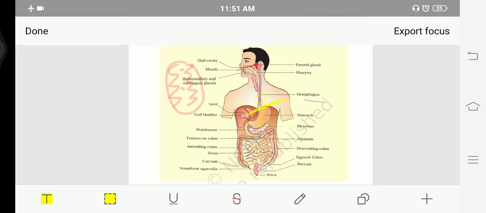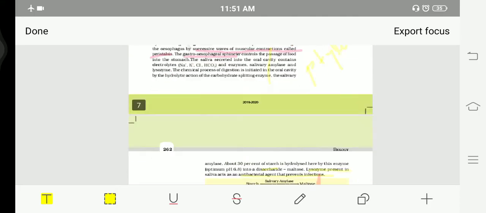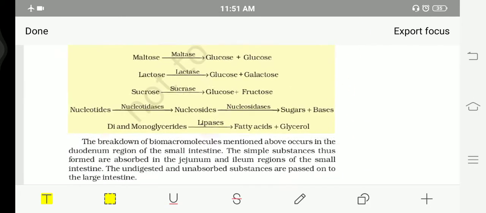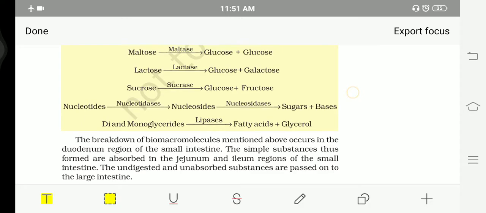Lactase breaks down lactose into one molecule of glucose and another molecule of galactose. Then sucrase or invertase breaks down sucrose into glucose and fructose. Like that, carbohydrate digestion occurs in the small intestine.